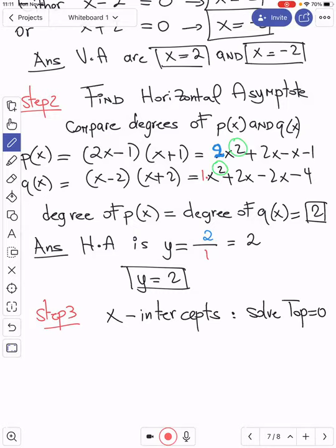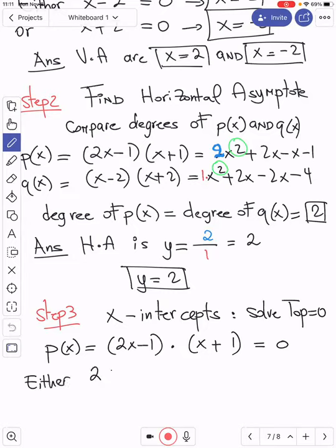So what's the top? The top, of course, is P of x, that's 2x minus 1 times x plus 1. We need to solve this equal to 0. It's a product, so either the first factor is 0, so 2x minus 1 is 0, or x plus 1 is 0.